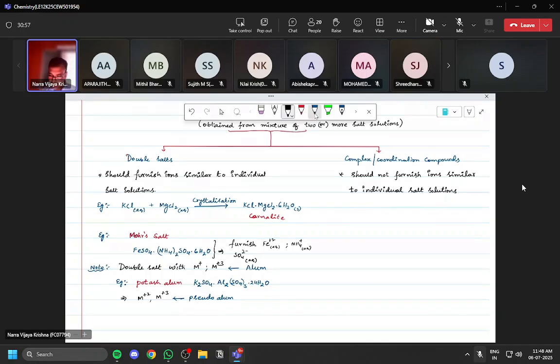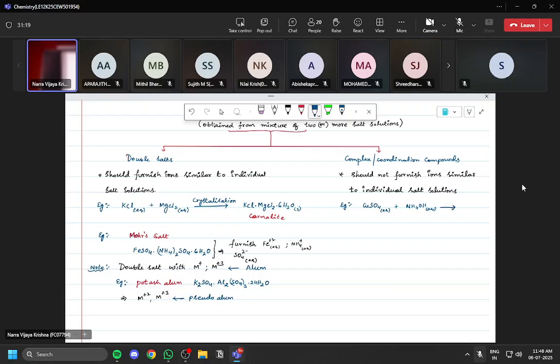Example. I am taking copper sulfate, CuSO4 aqueous, mixed with ammonium hydroxide aqueous. Initially, Cu(OH)2 will precipitate, right?